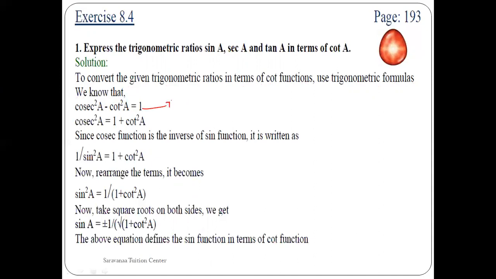This is the identity, third identity, right? Now, take cot square A from the LHS to the RHS side. Cosecant square A equals 1 plus cot square A. So taking roots on both the side, cosecant A equals root of 1 plus cot square A. Okay. So sin A is the reciprocal of cosecant A.